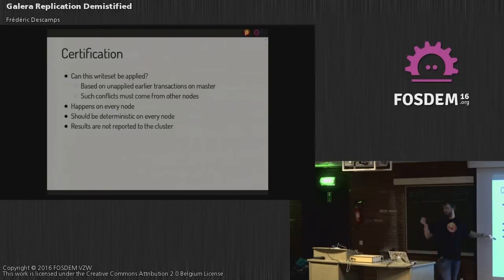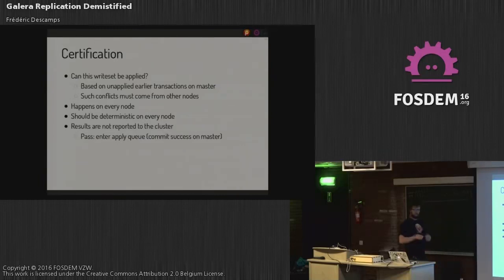The total order. Okay, so here is also the thing. We send the data. When we know the data has arrived at the slave, or let's say the other nodes, then we don't care about them anymore. It's enough. So if they certify or not, we don't care. It's up to them. I will explain that.